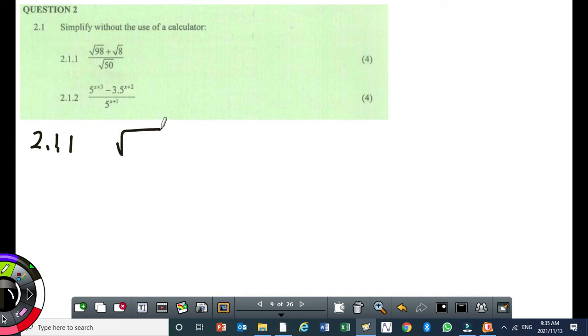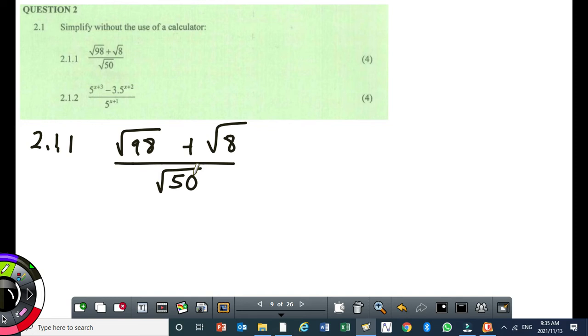2.1.1 Given the square root of 98 plus the square root of 8 all over the square root of 50. It looks scary, but it's not. You must ask yourself, if the question says simplify without the use of a calculator, why? Because the question can be done without using a calculator.